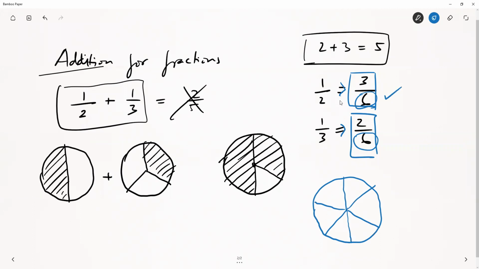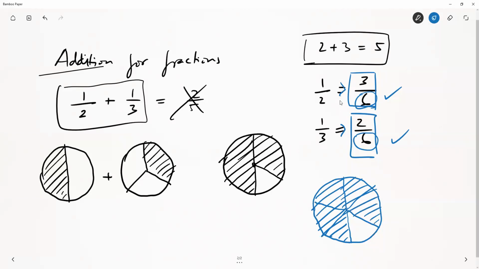Now the first fraction here will occupy 3 sections out of 6, like this, and then the second fraction will give us another 2.